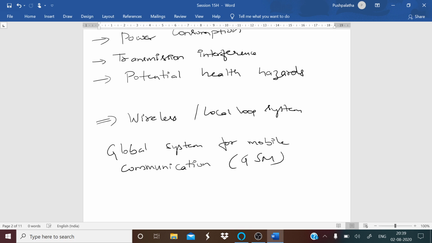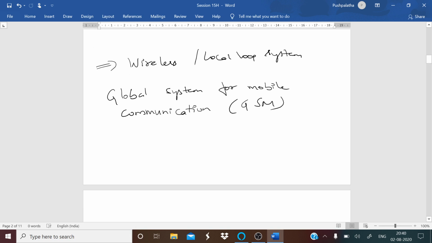So this global system for mobile communication, GSM, is an accepted standard globally for digital cellular communication. It is a standardized group that was created in 1982. Many countries used this GSM earlier.